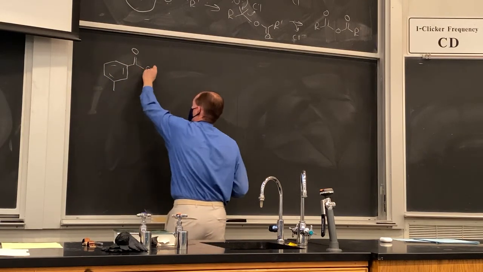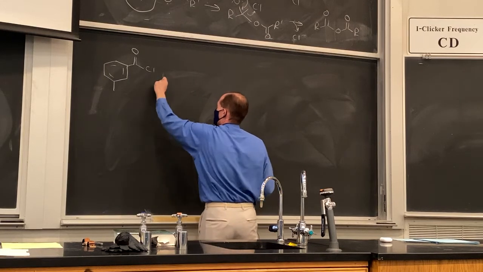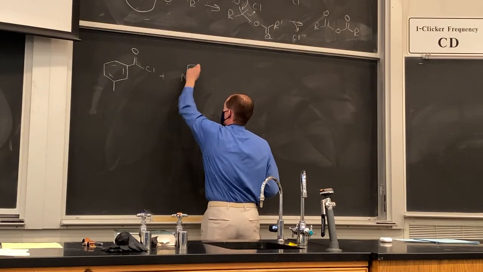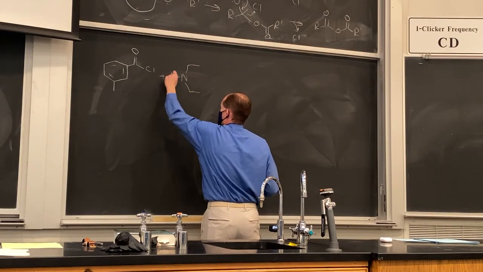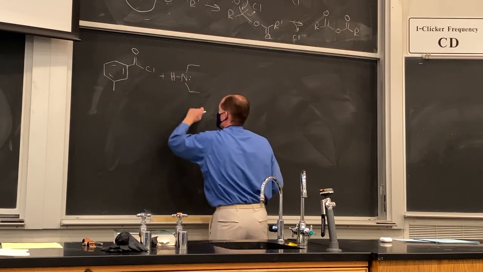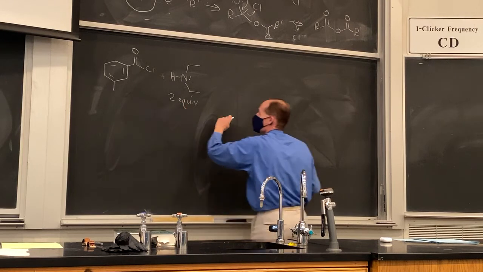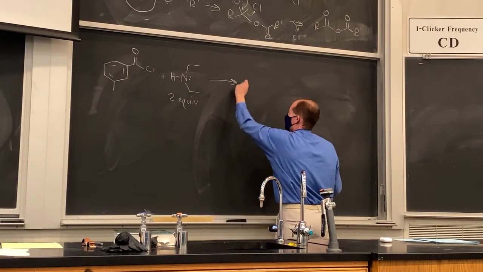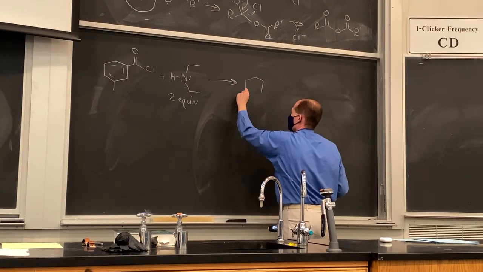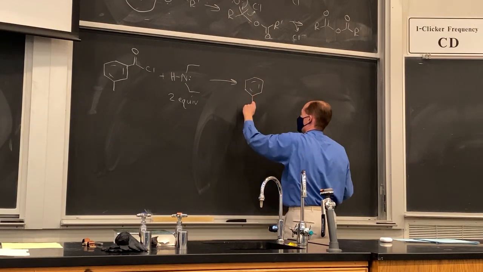So here's an aromatic acid chloride. We're going to be using diethylamine in this case. We're going to be using two equivalents. And we're going to be generating an amide.